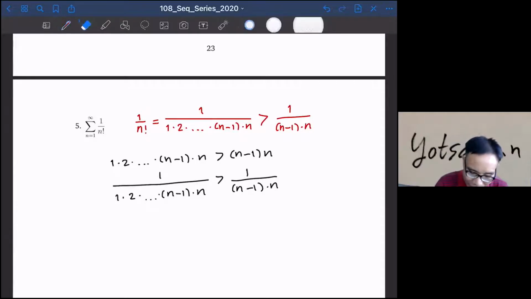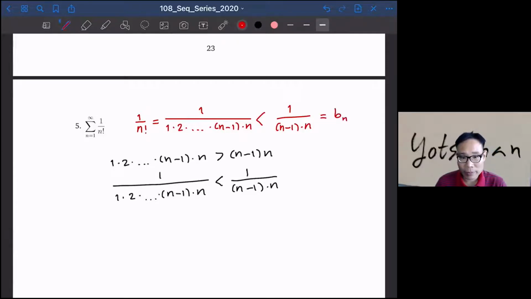Sorry, smaller than. So you flip this one, and you see that it turns out to be something nice like this: 1 over n minus 1 times n. And this will be our Bn.